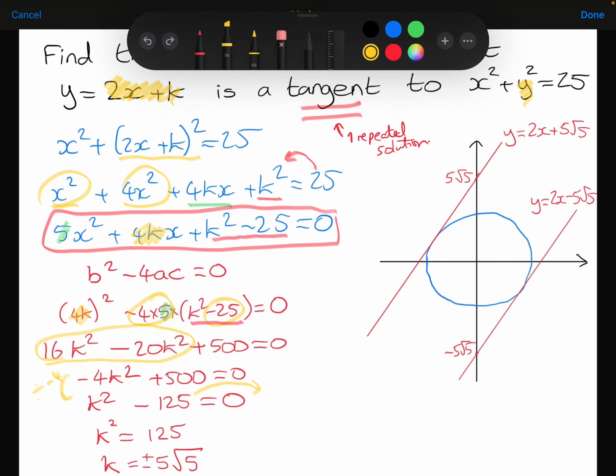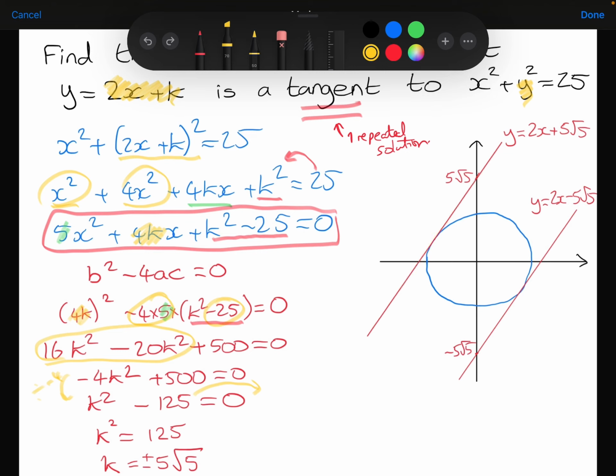And just to show that on our diagram, I've got the circle x squared plus y squared is equal to 25. I've got my line here with a gradient of 2 where the y-intercept k is 5 root 5. And you can see that is a tangent to the circle.